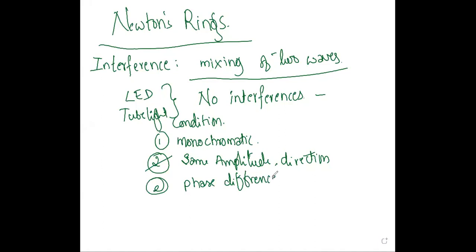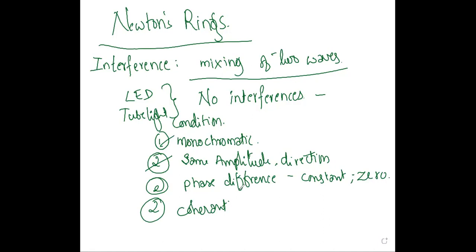And they must be coherent waves. The phase difference should be constant, and the light sources should be coherent in nature. Constant or zero phase difference. Then the sources should be coherent.